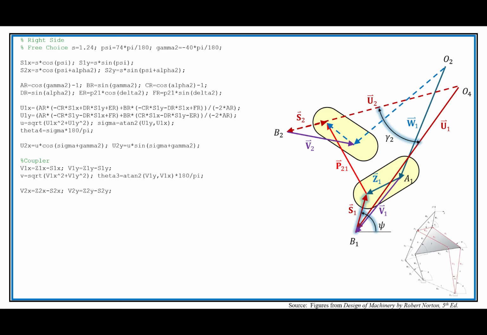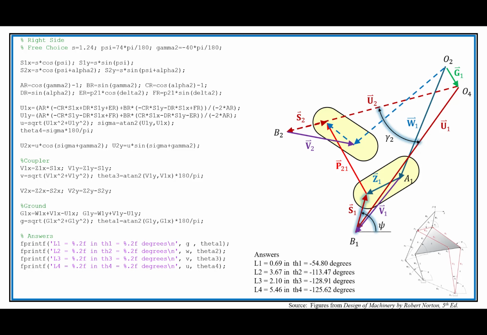There you go. And V2, excuse me. There's V1 and V2. Those are the triangles for this. And then I can get the ground and place the ground in there. And I can get the magnitude and angles. And now I have everything I need to have synthesized a 4-bar in these two positions.